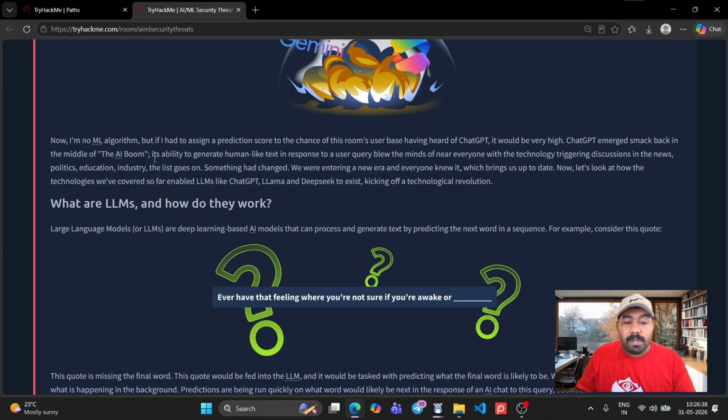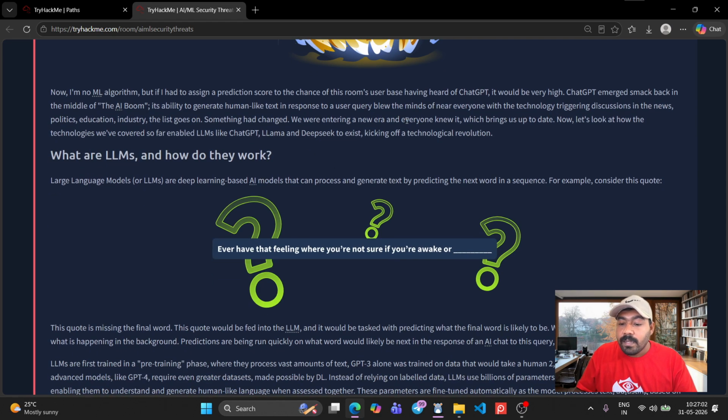Its ability to generate human-like text in response to a user query blew the minds of nearly everyone, with the technology triggering discussions in the news, politics, education, industry. The list goes on. Something had changed. We were entering a new era and everyone knew it, which brings us up to date.